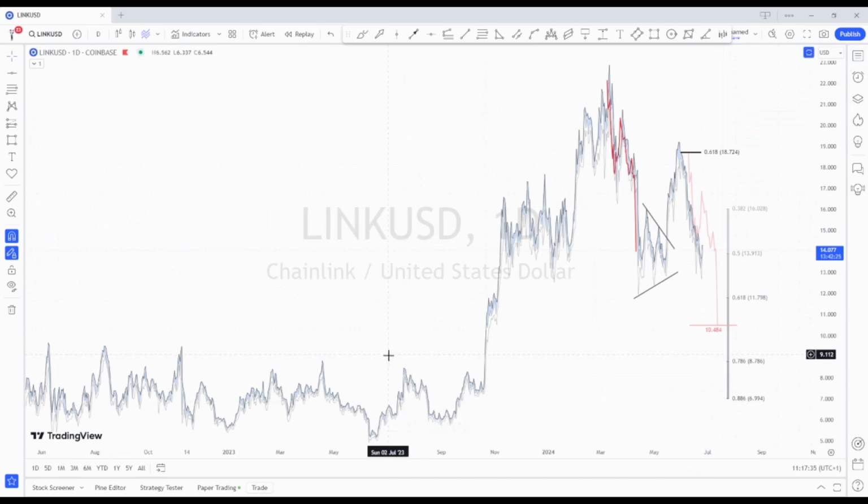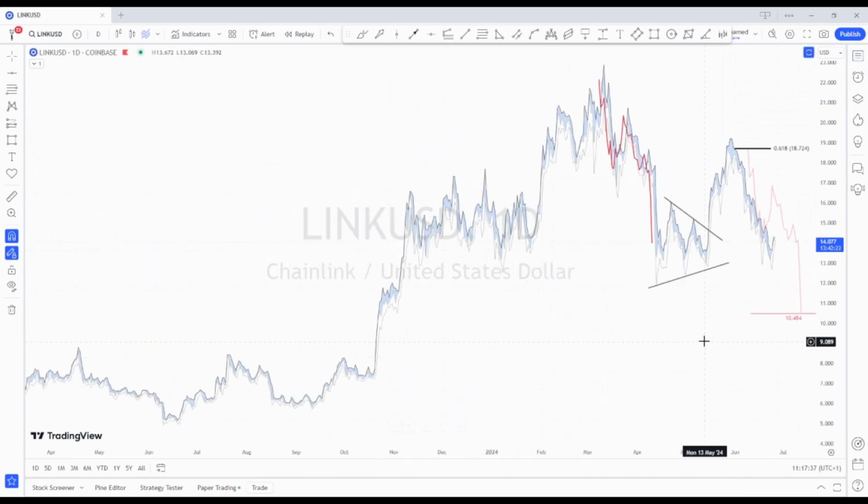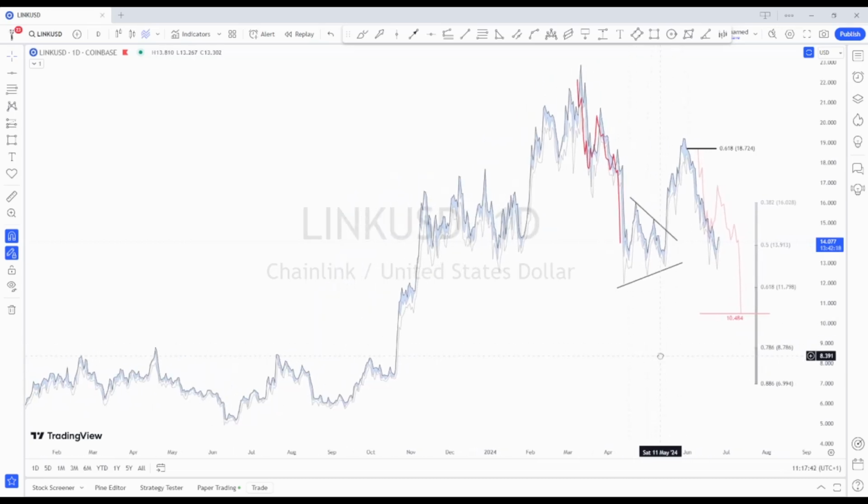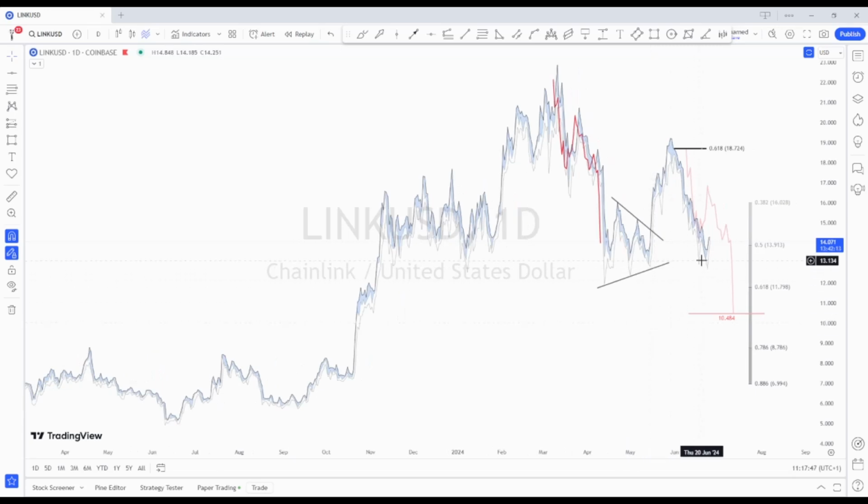Now we have Chainlink, another one very interesting to follow, and for those in the learning process, I think it's one of the trades or one of the suggestions that I shared before with you, that I think you should study, or should take some time to study and to track the previous and historical charts and try to understand the power of the golden Fibonacci retracement level.